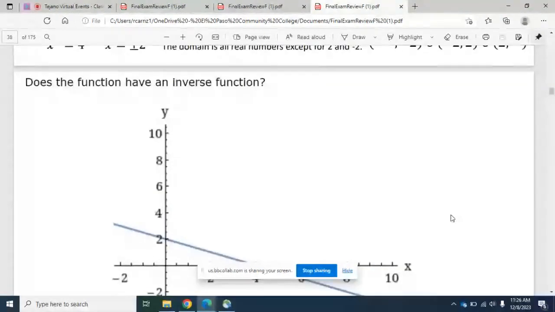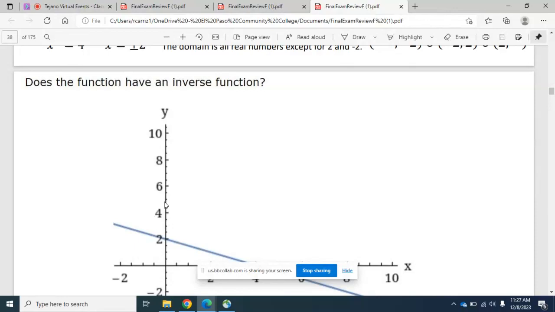Now let's look at inverse functions. You had done a test to find out when you were given a graph, to find out if a graph was a function. If you all recall, you would do the horizontal line test, right? That if this imaginary horizontal line only crossed my graph once, then the graph was a function. Well, if we want to find out if a function has an inverse, opposite to a horizontal line would be a vertical line.